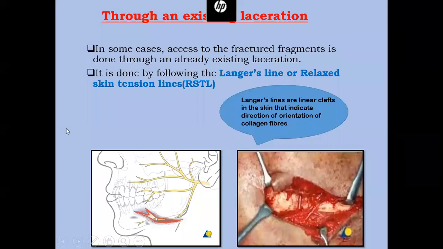While doing any extraoral surgical procedure, a surgeon has to know the direction of Langer's lines, because if we make an incision parallel to these lines, faster healing can occur and minimal scar tissue will be left after the healing.